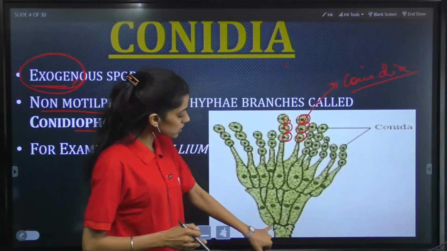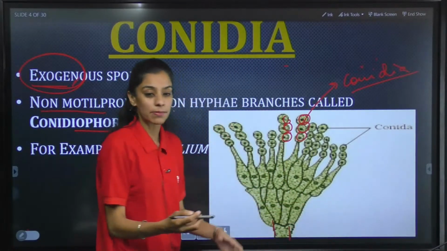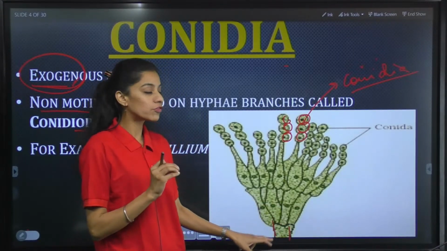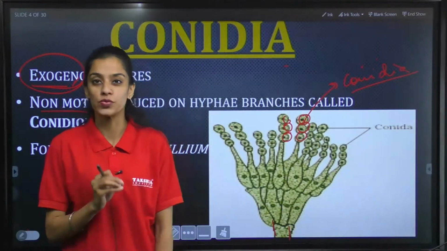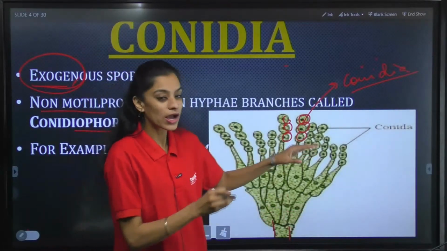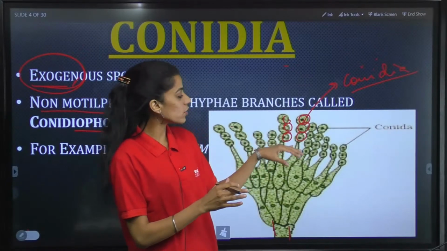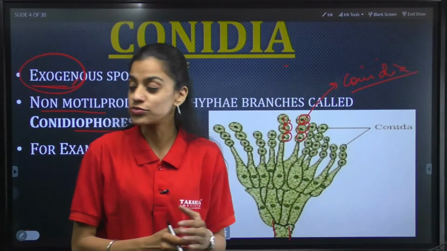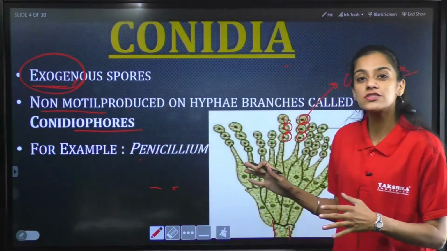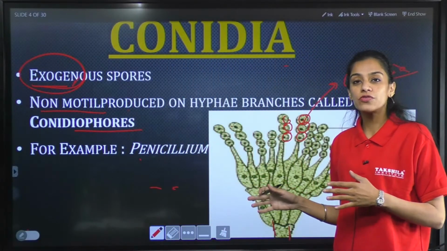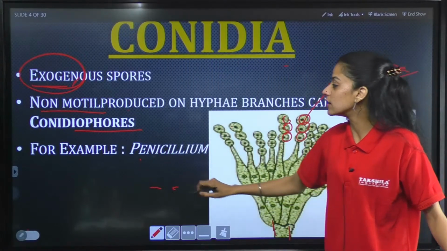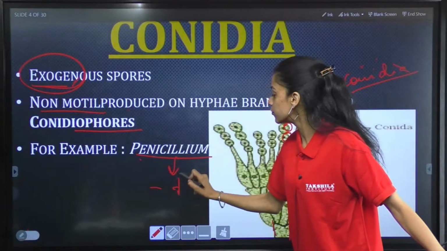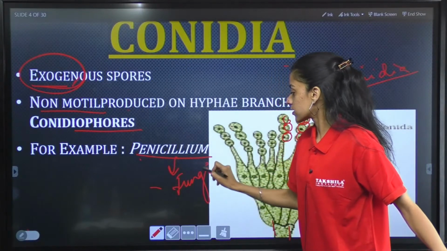So could you see this, that there is a stem that is holding the conidia together. So this stem is referred to as your conidiophore, and over the top you have a bit bulkier structure, and over that the conidia or the exogenous spores are developed. This type of asexual mode of reproduction is quite common in penicillium, and penicillium belongs to fungi.